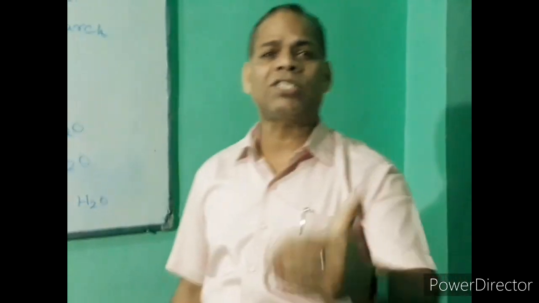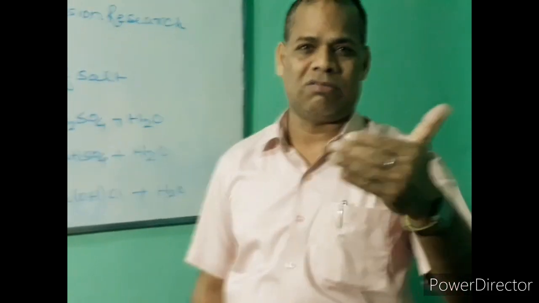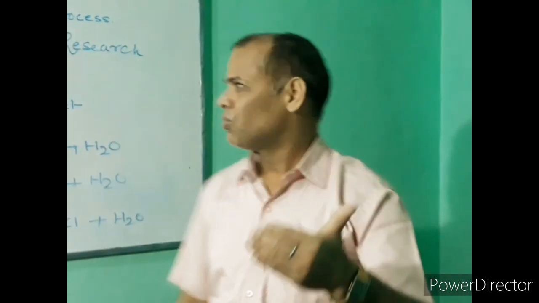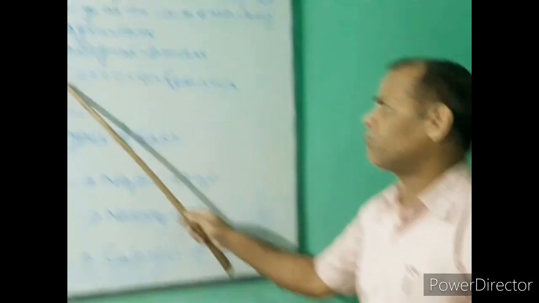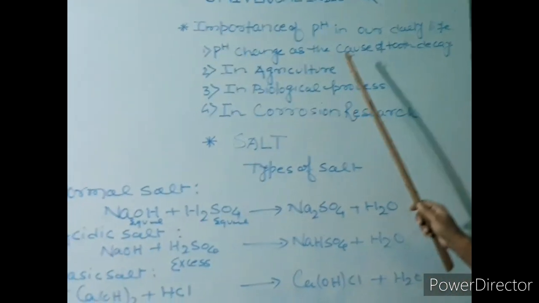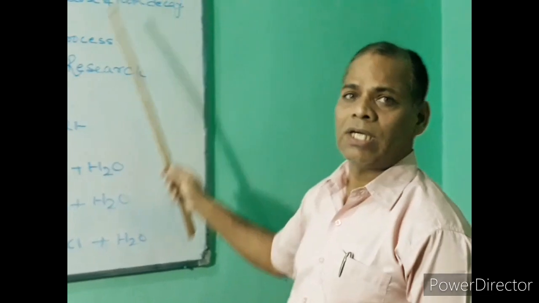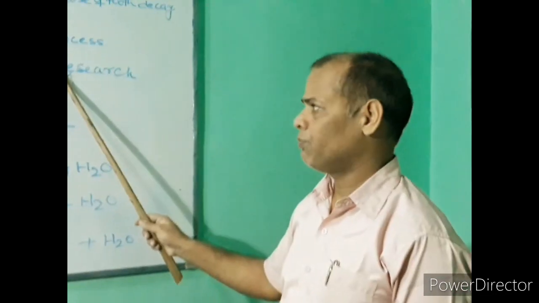Accordingly, we can research the materials which can resist for a long time. So this is a very important field for finding the pH. So with this, we get the importance of pH in our daily life covered.